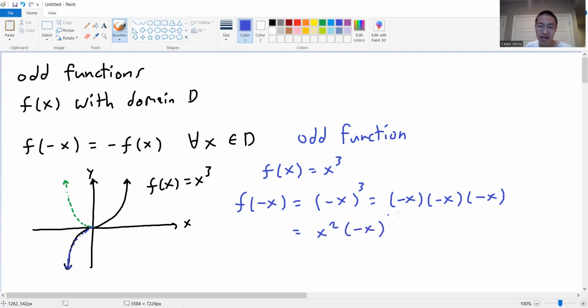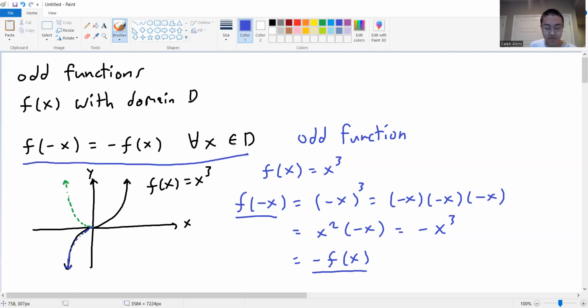A positive times a negative is going to be negative, so minus x cubed. Now, x cubed is the original function, so I just have a minus sign out front. So really what I've shown is I got a minus sign out front and then the original function. f of minus x gives negative f of x. And that is the property of odd functions, because that's true for all of the x values.